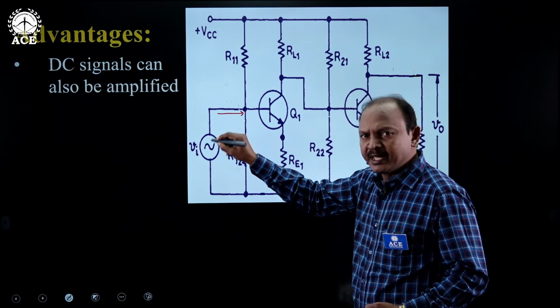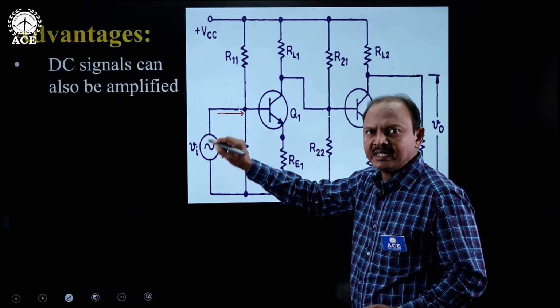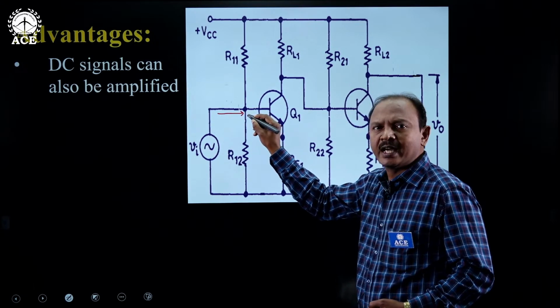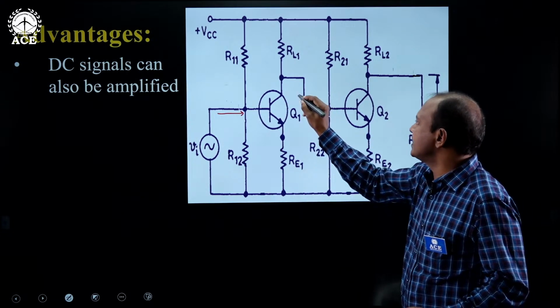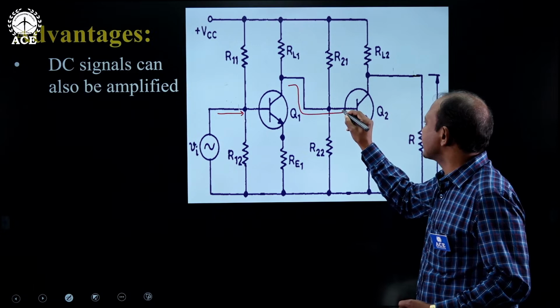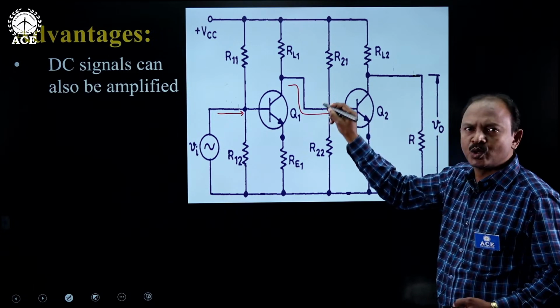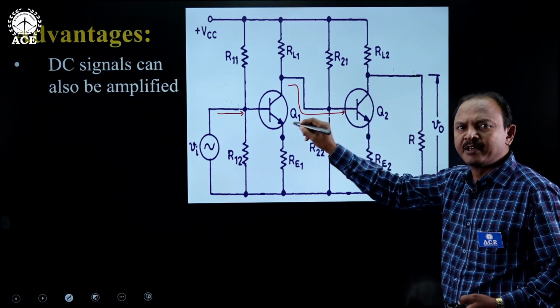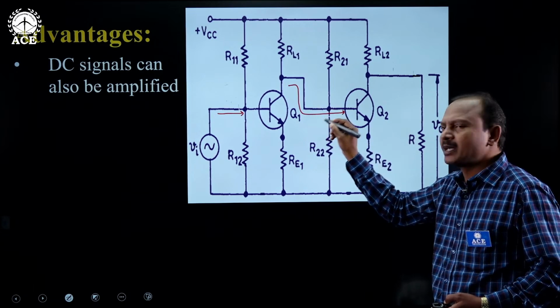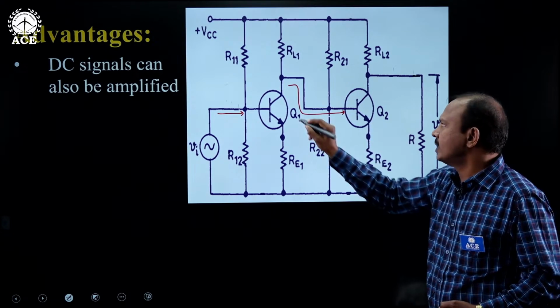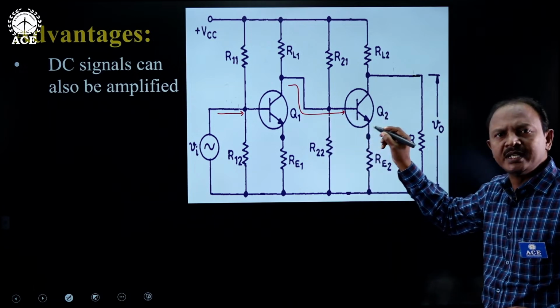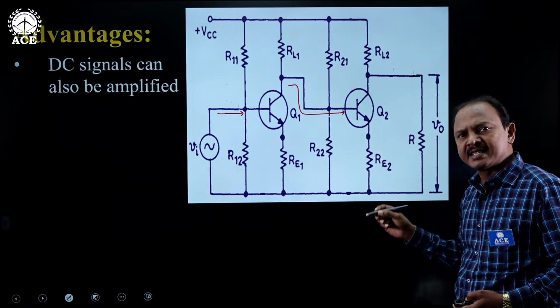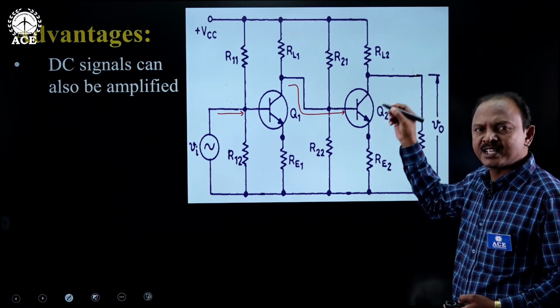That DC input directly enters the amplifier and gets amplified in the first stage. That amplified DC will directly enter the next stage. Again, since there is no blocking or coupling capacitor between the two stages, the output DC current of the first stage can directly enter the input of the second stage. As a result, it can get amplified in the second stage also.